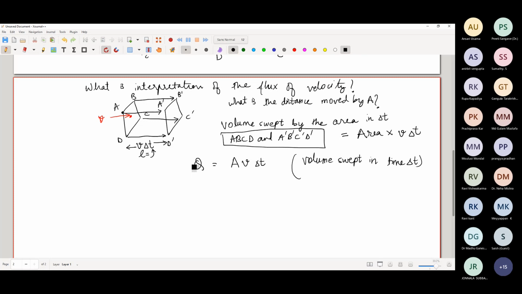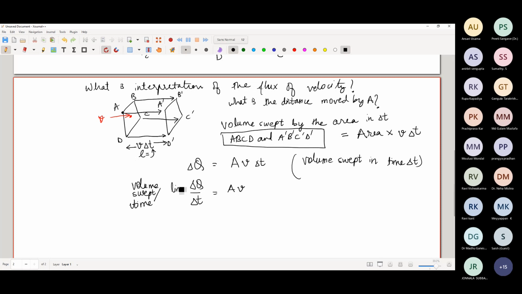If I call this delta Q, because it will depend on delta t as well. If delta t is very large, then delta Q will be very large. So delta Q over delta t is going to be area times the velocity. So this is the volume swept per unit time.